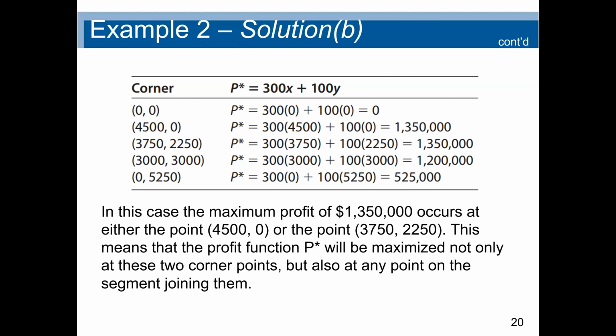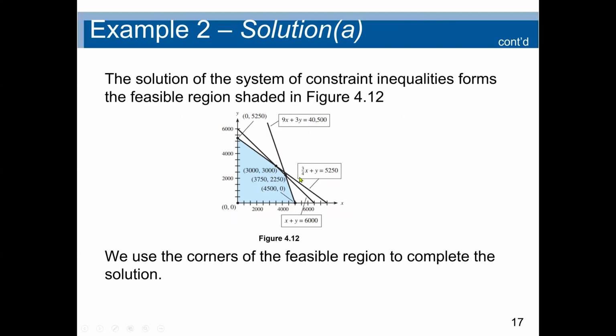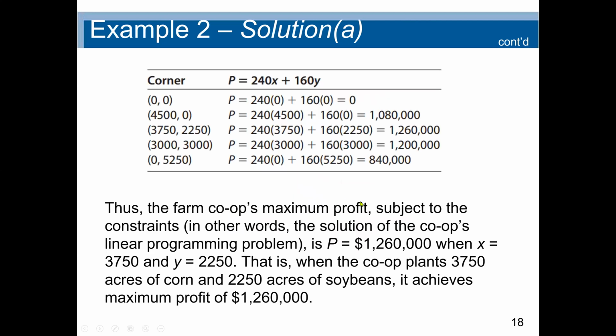Again, we have 4500 right here. And so we can see the line here from 4500 to 3750, 2250. Any point on this line will maximize because it's between these 2 points. So anywhere within it also will maximize our profit.